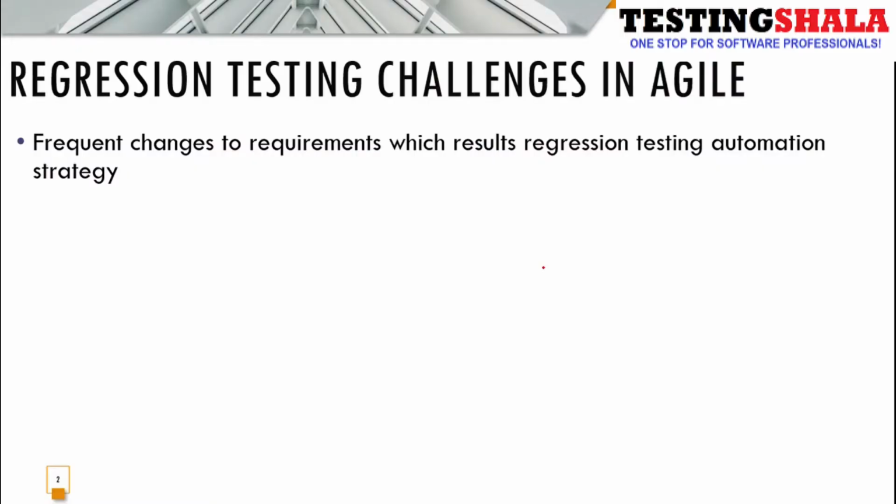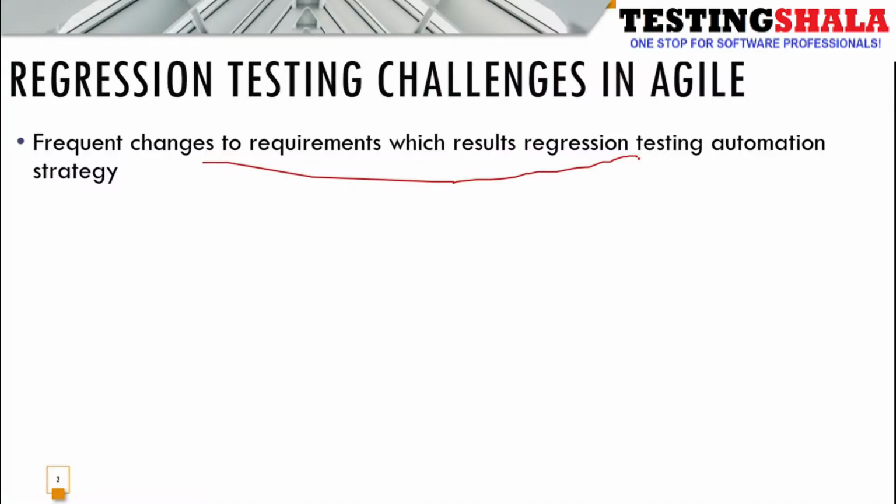With this situation, it is very difficult to handle the automation strategy for regression testing. If there is a change in the overall scope of requirements, then the strategy will also get impacted. So that is the first challenge which we normally face as part of regression testing.